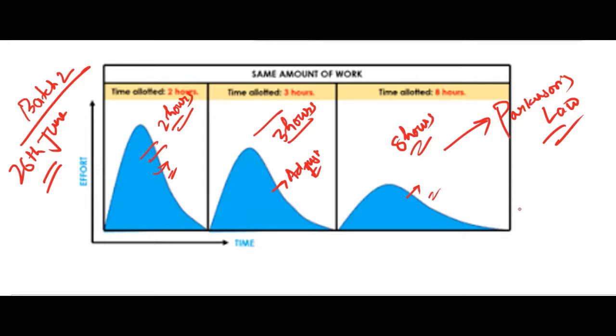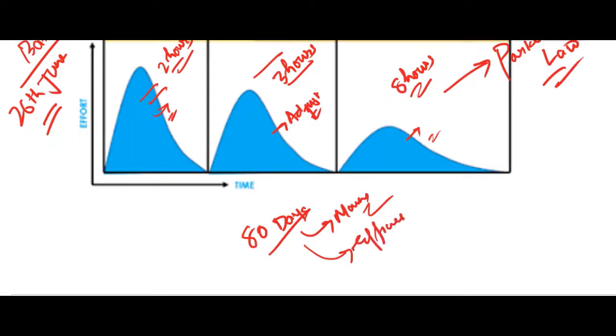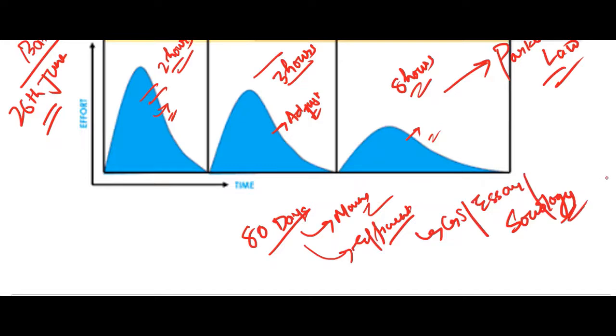So why I am saying this is, you have around 80 solid days for your mains preparation. So please try to be very efficient because you have to cover your GS, essay and sociology. Any test series that you join, please try to stick to their schedule.